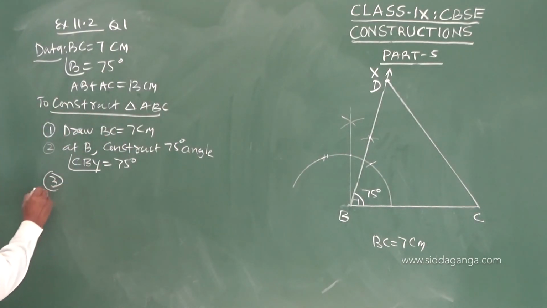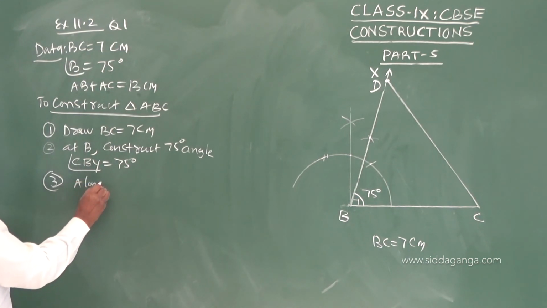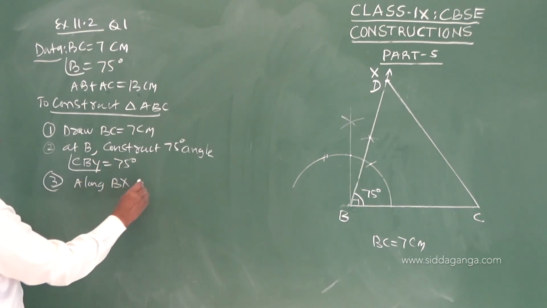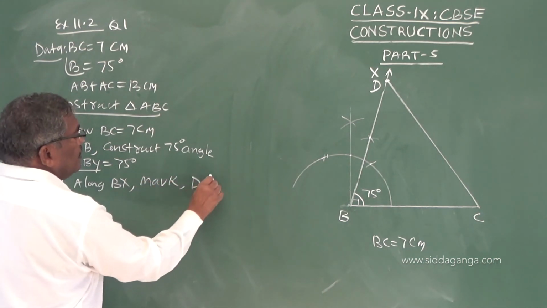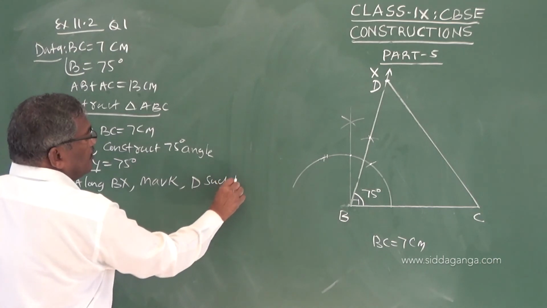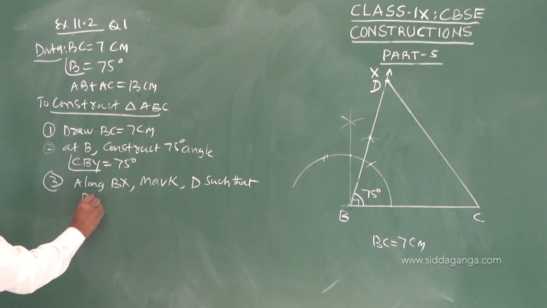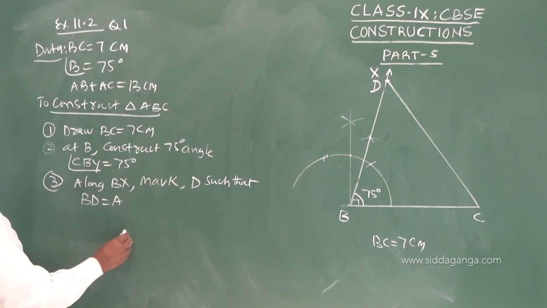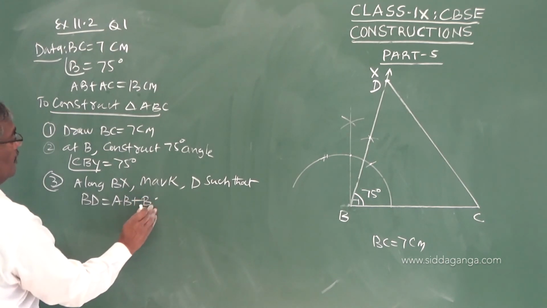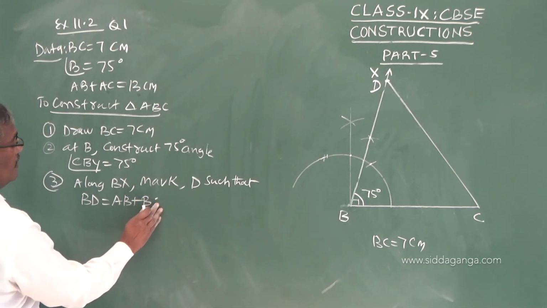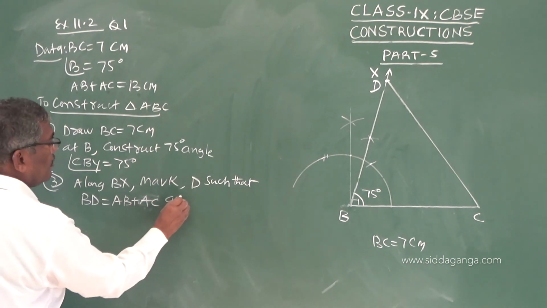Third, along BX mark D such that BD equals AB plus AC as given.